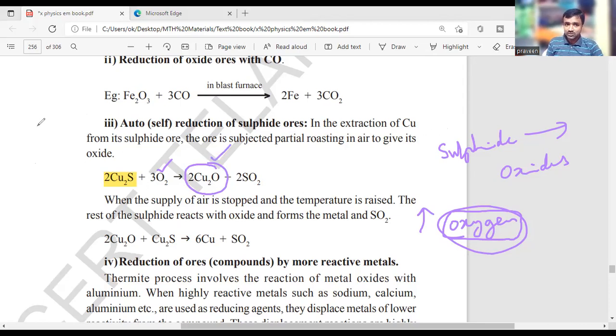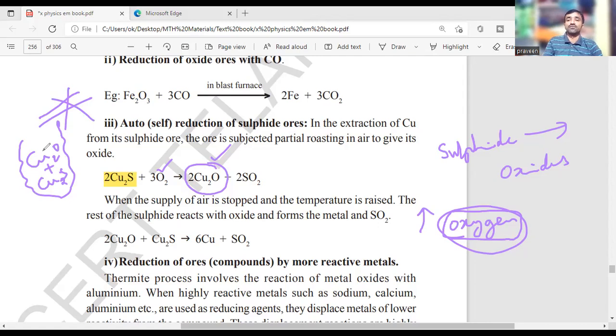So in that specially arranged device, you have two things: one is Cu2O and the other is Cu2S, right? So two different substances are available.